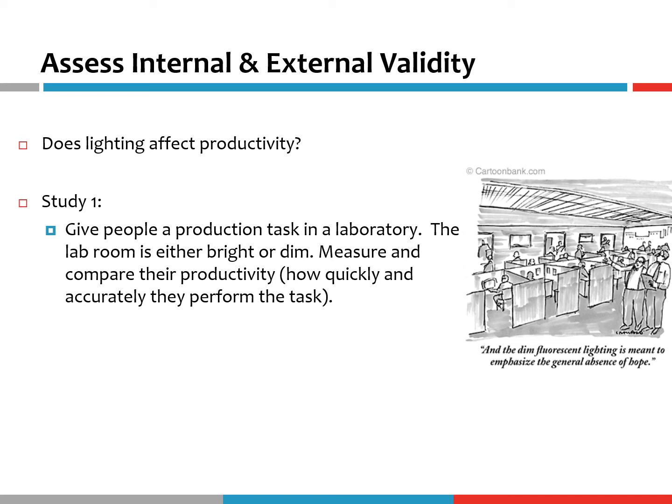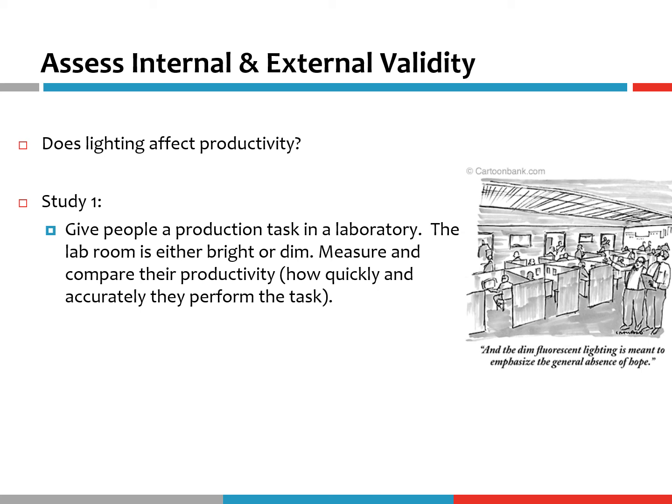And then we manipulate whether the laboratory has bright lights or whether the lights have been dimmed, right? And then we measure how quickly and accurately they perform a task. So that very directly addresses whether our variable of lighting, a well-lit or dim environment, affects productivity.